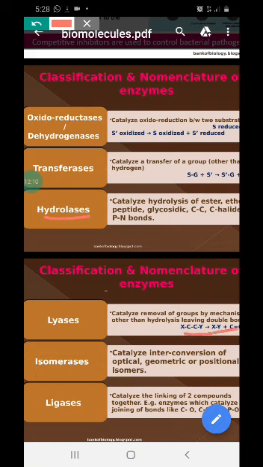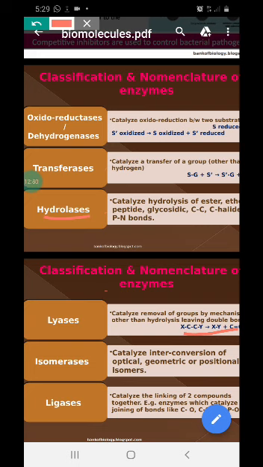Clear? And isomerases. What is isomerase? If a chemistry teacher has started organic chemistry, you might have known what isomers are: geometric isomers and optical isomers. Isomers means they are mirror images of each other. In those molecules, isomerases catalyze interconversion of optical, geometrical or positional isomers. Just you know that, children. Isomerase, what do they do?